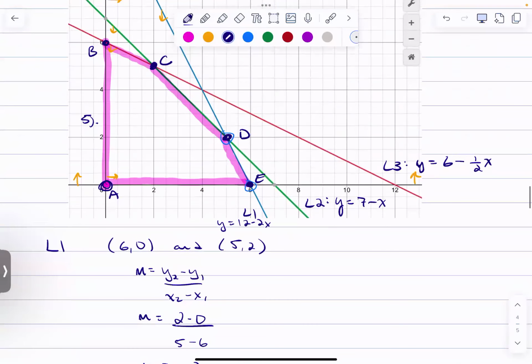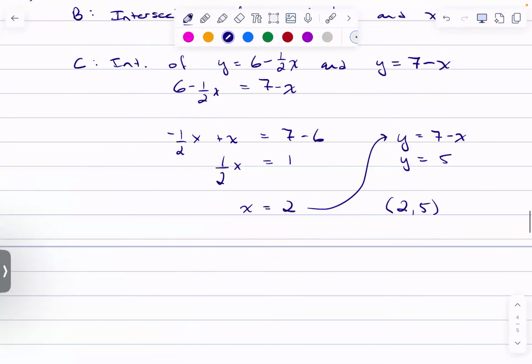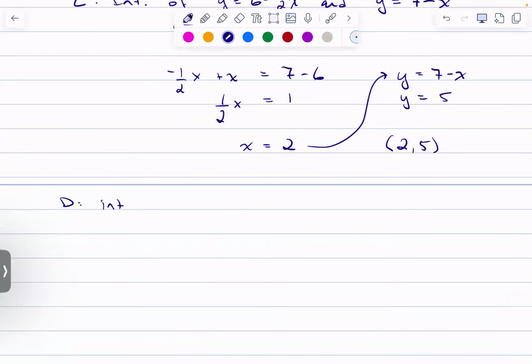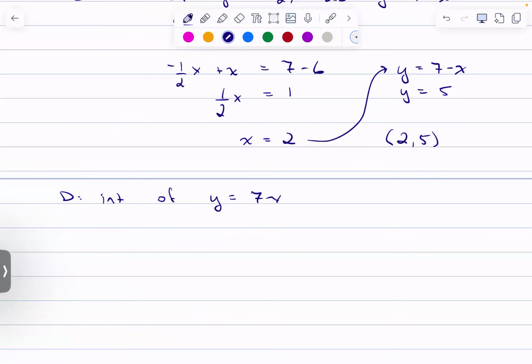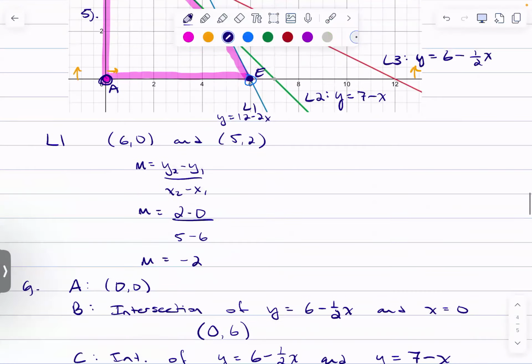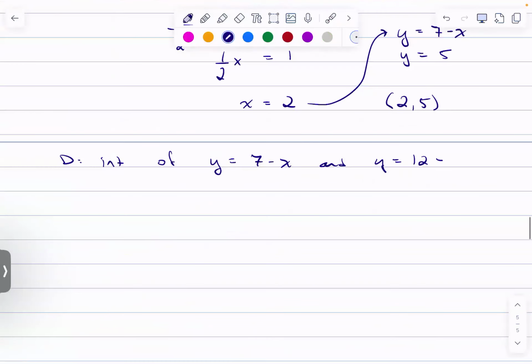The next hard intersection is D. E is a little bit easier. D is the intersection between the blue line and the green line. The intersection of y equals 7 minus x and y equals 12 minus 2x. Setting these equal to each other to find the intersection, I get 7 minus x is 12 minus 2x.